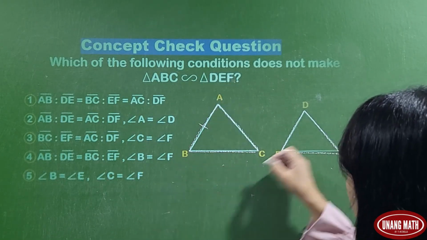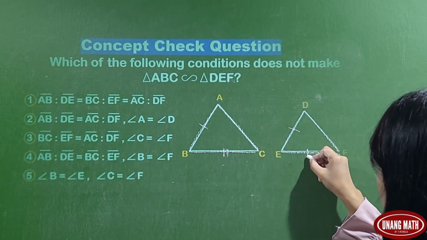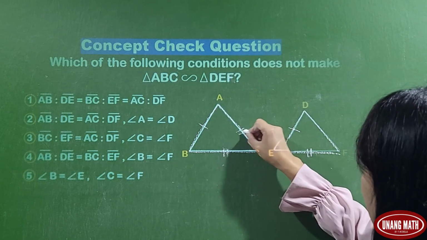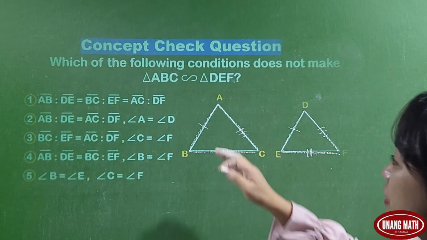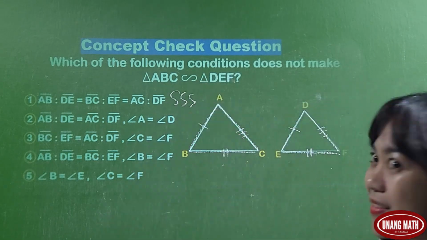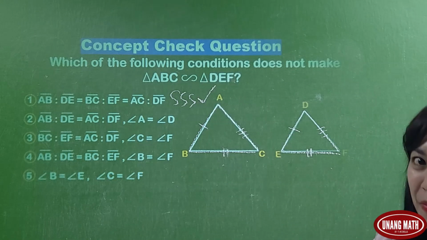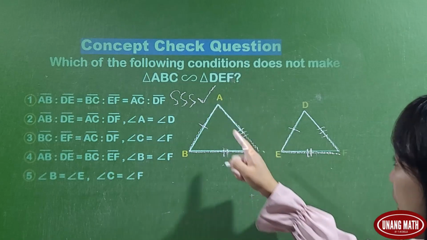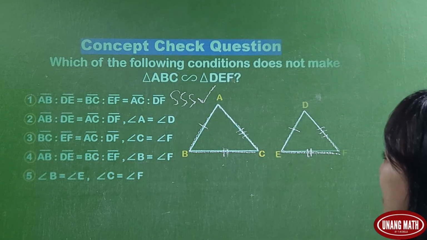So AB to DE, BC to EF, AC to DF. So this is actually SSS similarity. So this is correct. So this condition makes these two triangles similar figures.